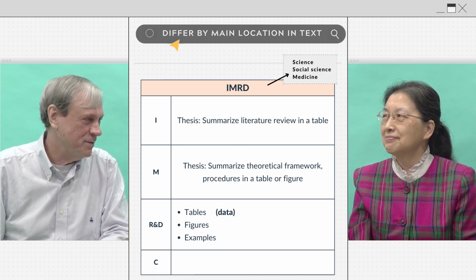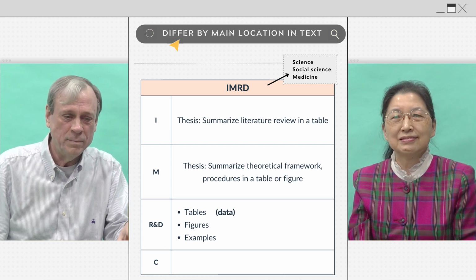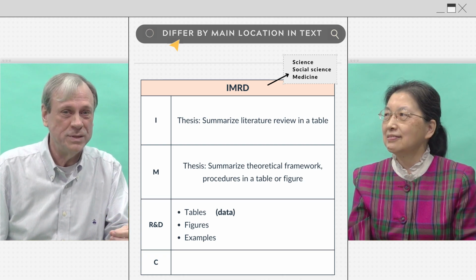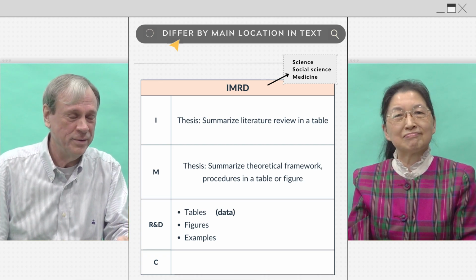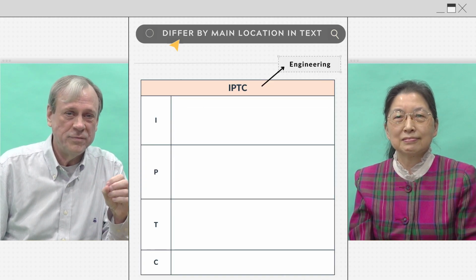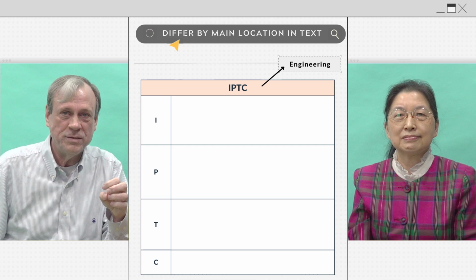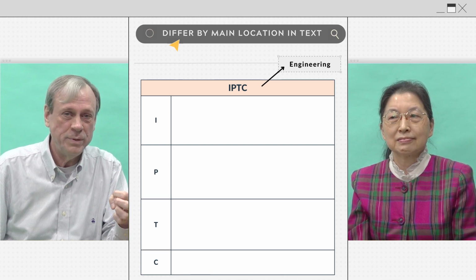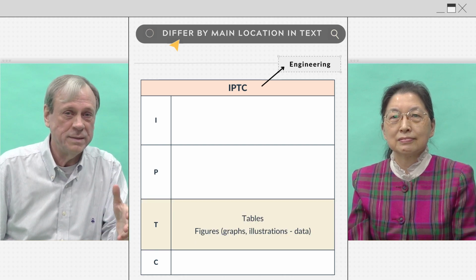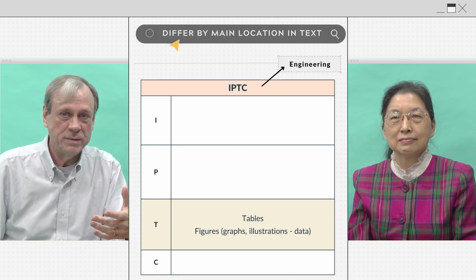Yes, well, engineering is not very user-friendly. In many cases, it simply points to the table or figure and assumes that the reader is smart enough to figure it out. And so in engineering, again, we have a slightly different expectation for where the tables and figures would be. Almost all of the tables are going to be in the testing because that is presenting results.